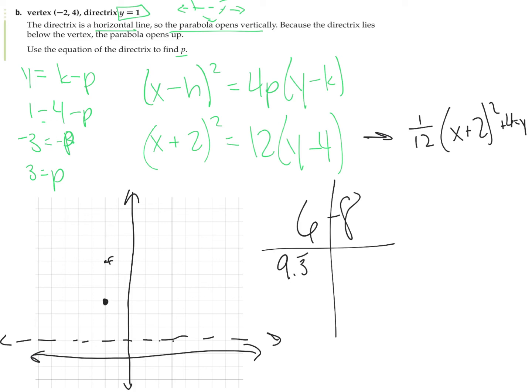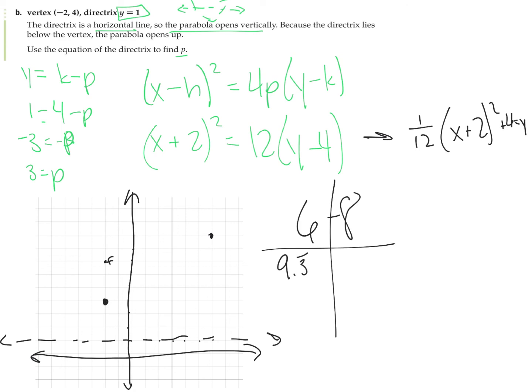1, 2, 3, 4, 5, 6, 7, 8, 9. There's the first one. And obviously negative 8 should give us the same thing, but it doesn't. Negative 8 plus 2, it's negative 6.